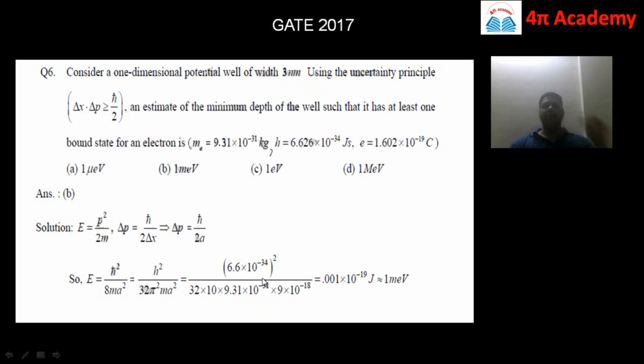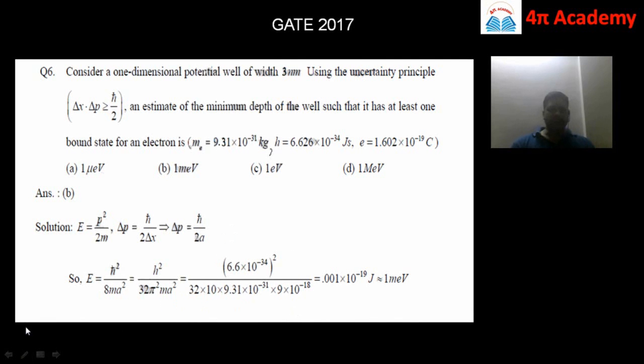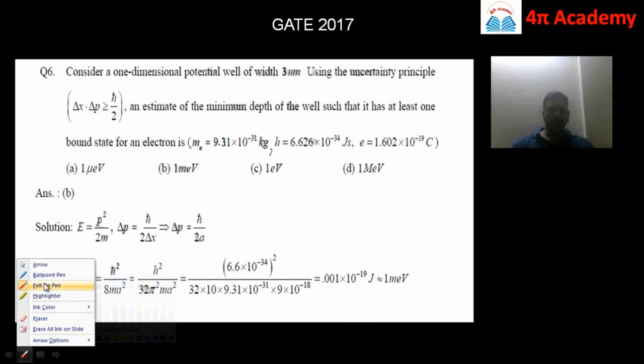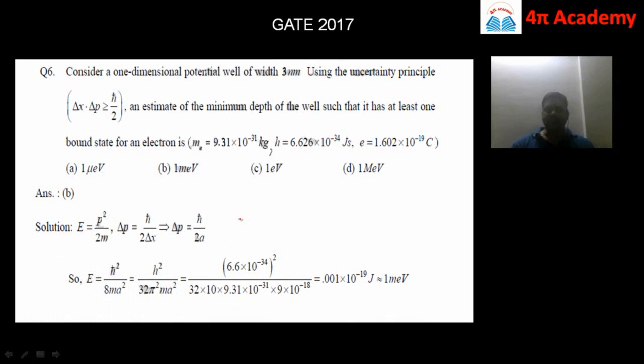Now in order to solve such type of problems, you have to roughly calculate the value, and you have to match your answer with the nearest one. So I take this value. This will be equal to roughly 6.6 square. So I take this roughly as 40. So it is 40 into 10 raised to power minus 68.